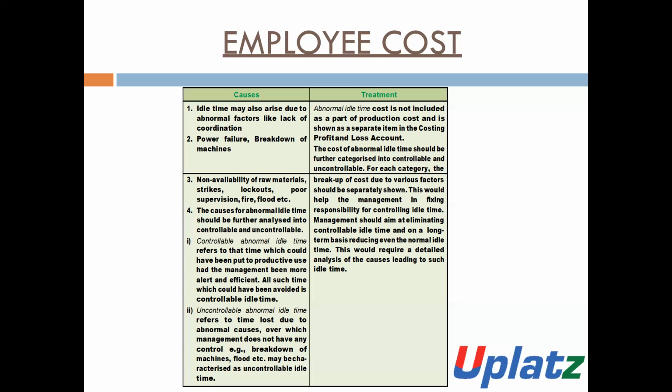When there is any idle time on which the management does not have any control, such abnormal idle time is known as uncontrollable or non-controllable idle time. Such time cannot be controlled, just like breakdown of machinery, flood, fire. These are the uncontrollable abnormal idle time.